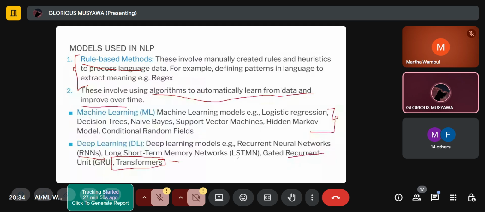What are transformers? I need you to do more research on this in your free time. There was a very famous research paper called "Attention is All You Need", which explains how transformers operate.